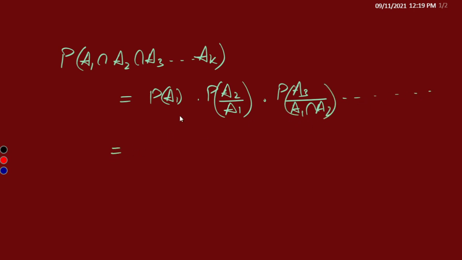If you apply the conditional probability formula, you will get that this is basically probability of A1 into probability of A2 into probability of A3, and so on up to probability of AK.